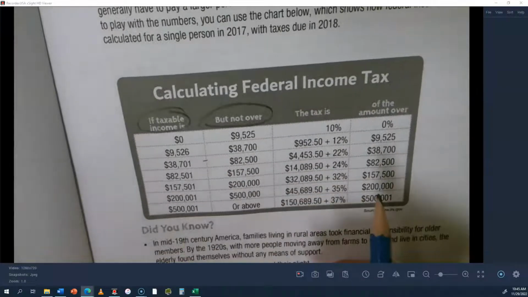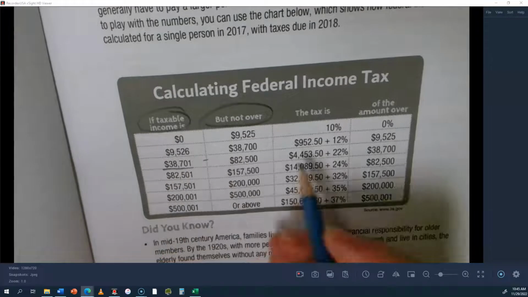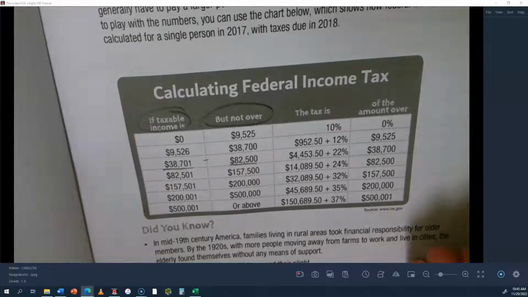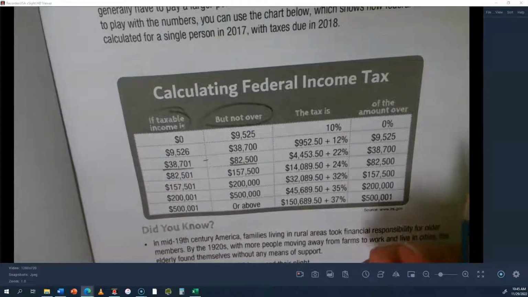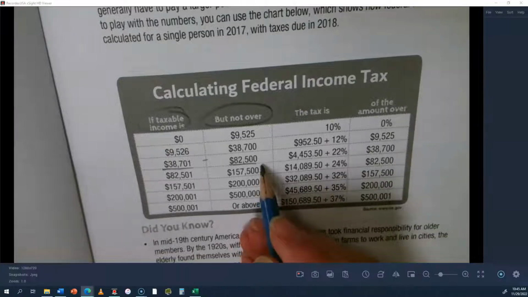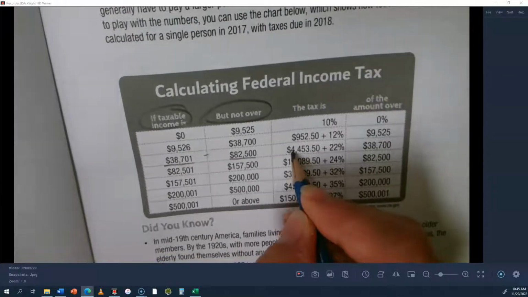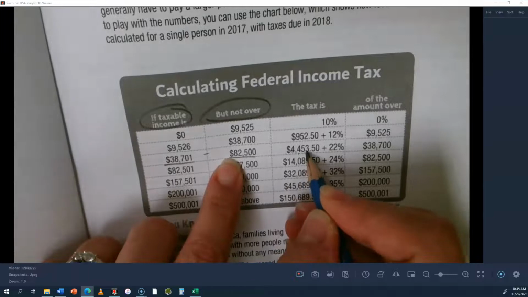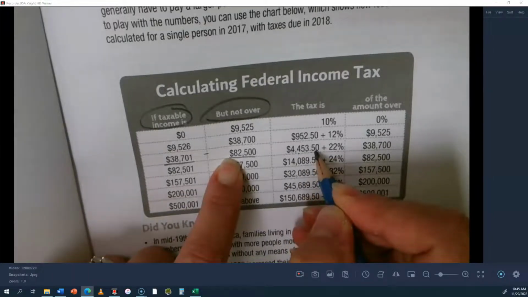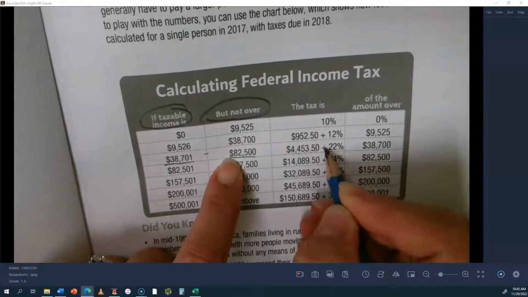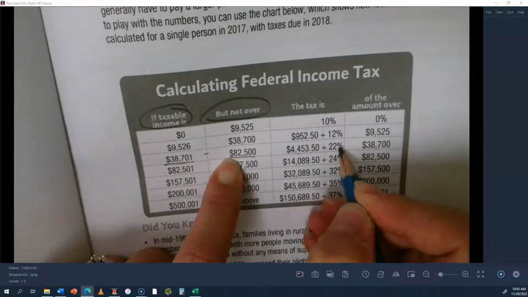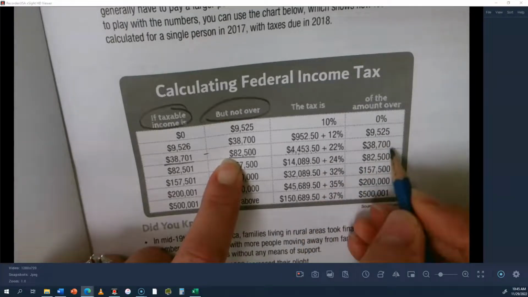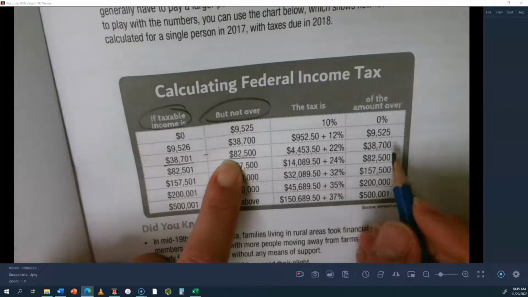I'm going to be here because I make over 38,700, but not over 82,500. Okay? All right, so now I see the tax is $4,453.50 plus 22% of the amount over 38,700.